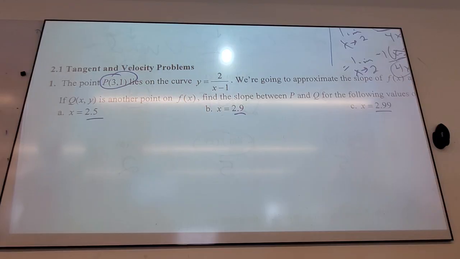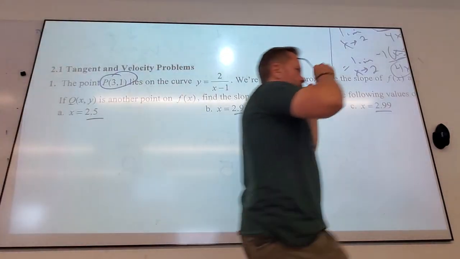And I'm just getting the other point. And then on part B, I'm gonna let that get closer. And then on part C, I'm gonna let that get closer. Yes? So I keep getting this slope that's slowly getting better. Okay. So plug that in.